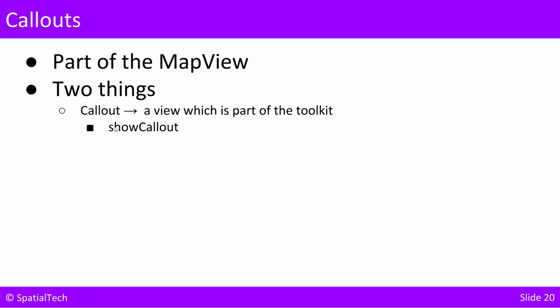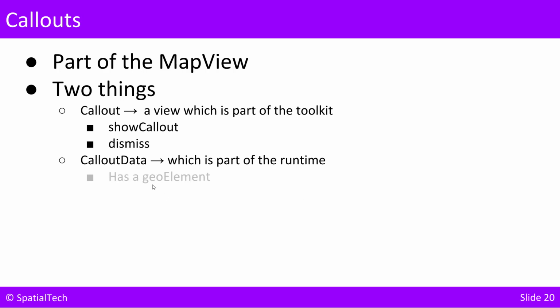And then some pretty key methods are to show the callout, and then of course once you're done, dismiss it. Callout data, again, that's definitely a property on the map view, whereas callout is a QML type in the toolkit. And it's a core part of the runtime.